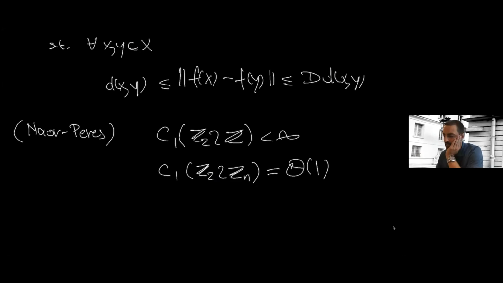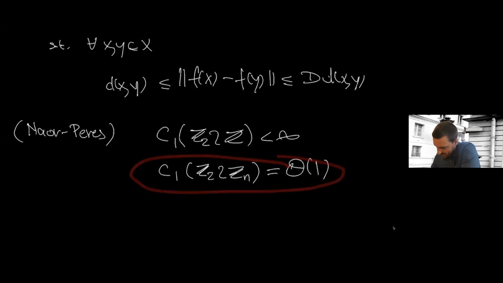That is what I will denote by big O of 1: there is some universal constant that does not depend on n such that there is an embedding with this distortion. This embedding into L1 was extended to a bi-Lipschitz embedding into every non-superreflexive Banach space by Beata Randrianantoanina and Mikhail Ostrovskii.